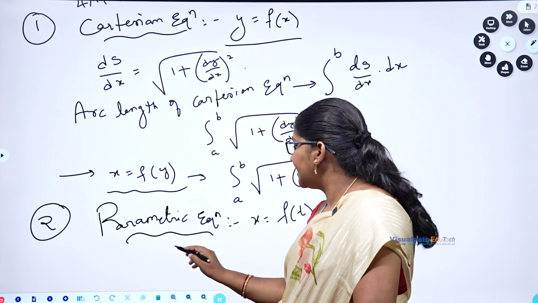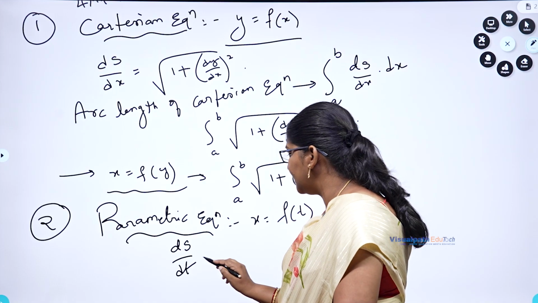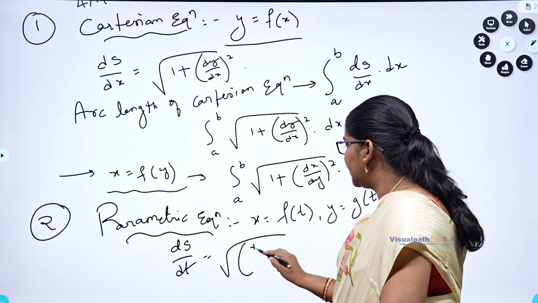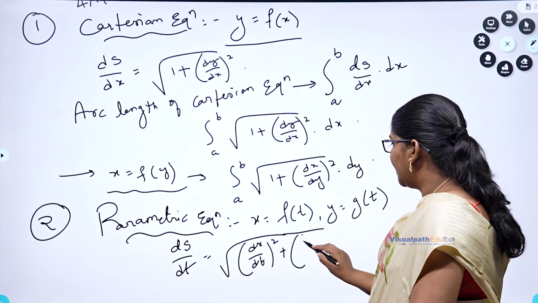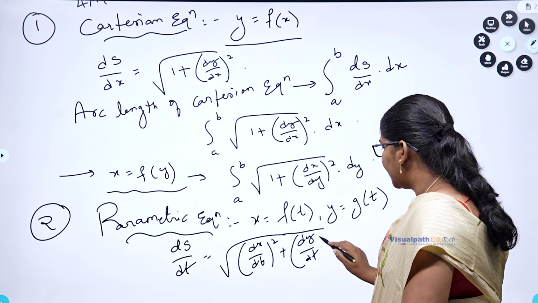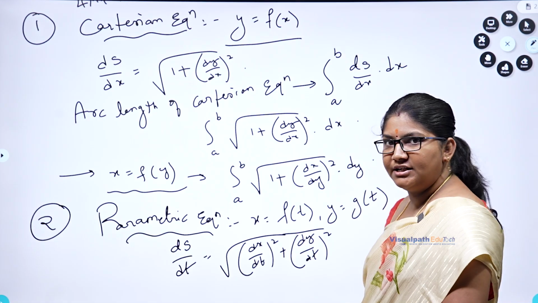And what is the length? Length ds by dt is equal to under root dx by dt whole square plus dy by dt whole square.